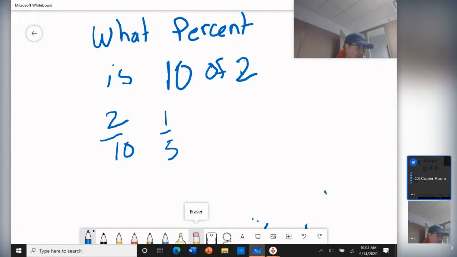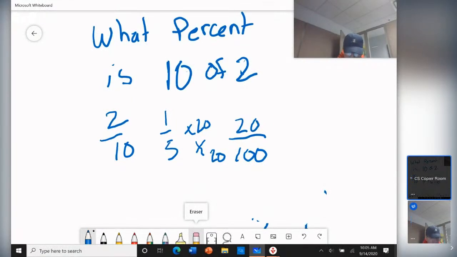So we can do a couple things here, you guys. Just the exact same thing. Because we're trying to get to 100%. So 5 times what equals 100? That would be 20. So if we multiply the bottom times 20, we have to multiply the top times 20. And 1 times 20 is 20. Okay. And that would be 20%.